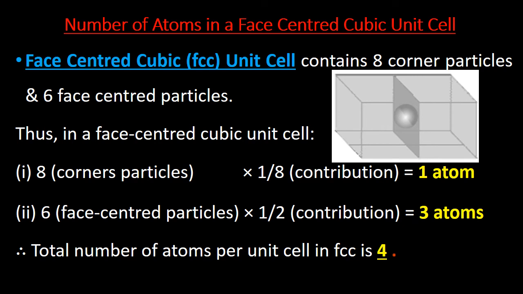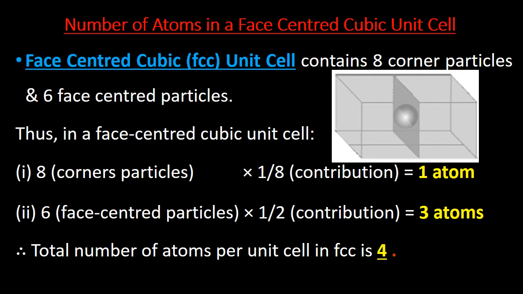Let us know how to calculate the number of atoms in a face-centered cubic unit cell. A face-centered cubic unit cell contains 8 corner particles and 6 face-centered particles. Thus, there are 8 corner particles whose contribution is 1 by 8 each, that is equal to 1 atom, and there are 6 face-centered particles.